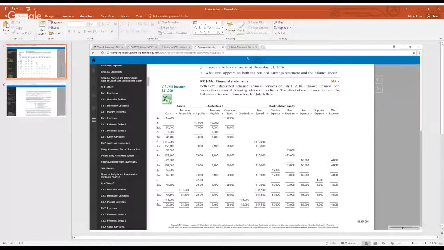Now this is different than the example problem that we have, but it breaks down the statement of cash flows. We're looking at cash flows from operating activities, investing activities, and financing activities. It gives you examples of what we're looking at.